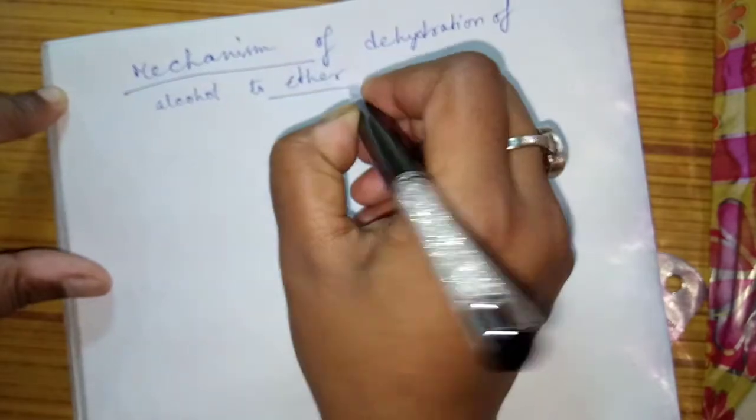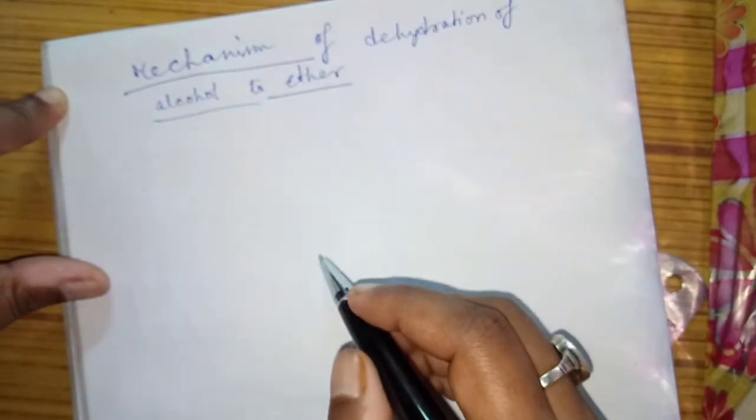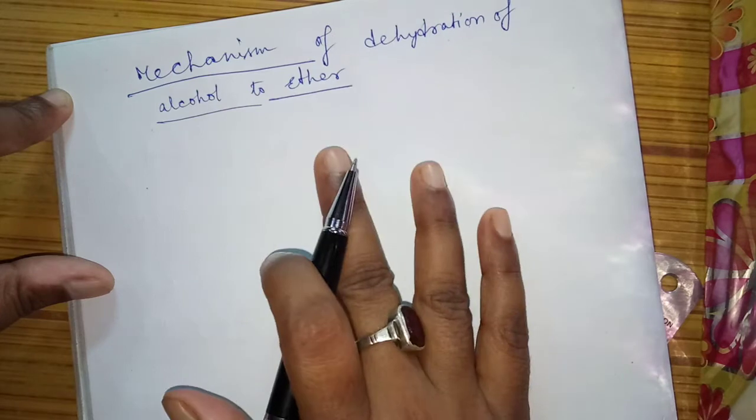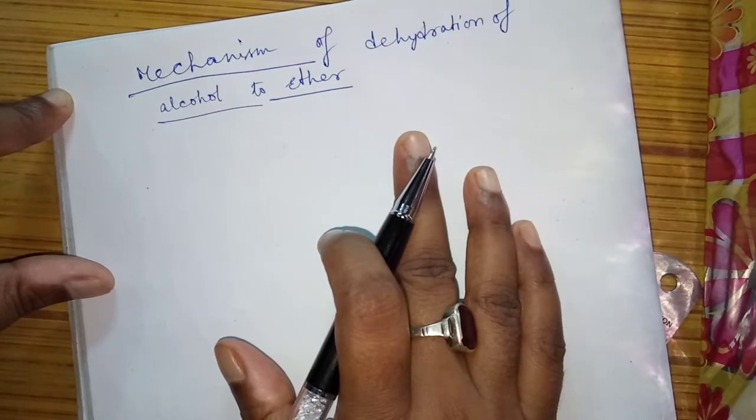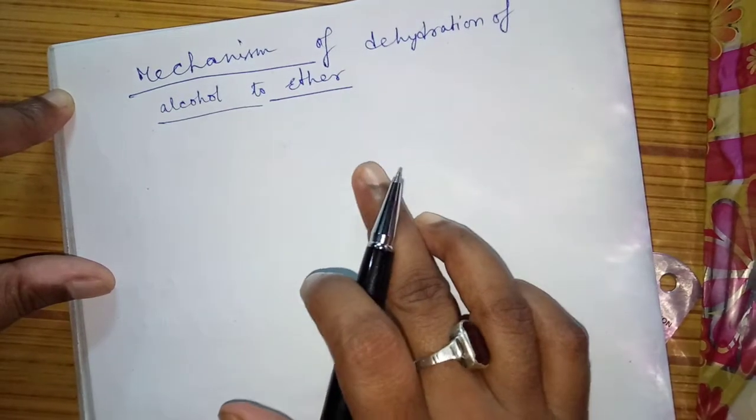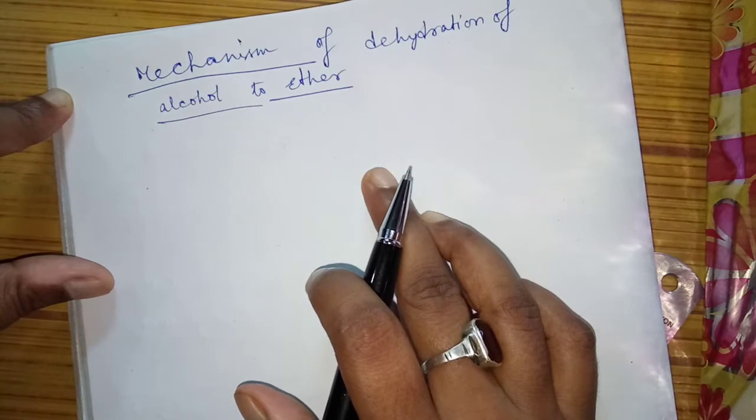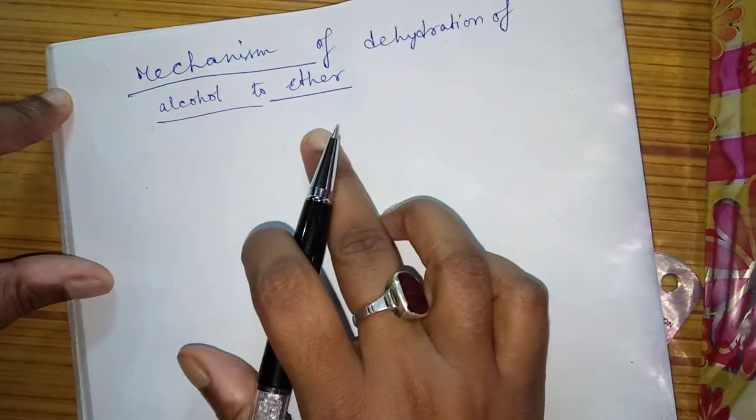So please mention this one, alcohol to ether. Otherwise you can understand that the dehydration of alcohol we have already done, but that time it was alkene. Now we are preparing ether.